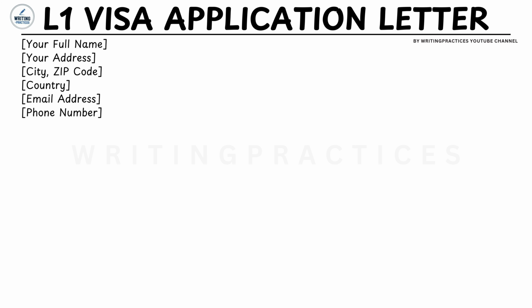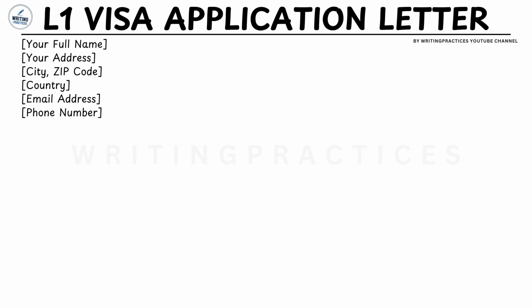At the very top of the letter, you need to include your personal details. This helps USCIS identify you and process your application correctly. Your details should include your full name, your complete address, including city, zip code, and country, your email address, your phone number. Here's an example of how this section should look.